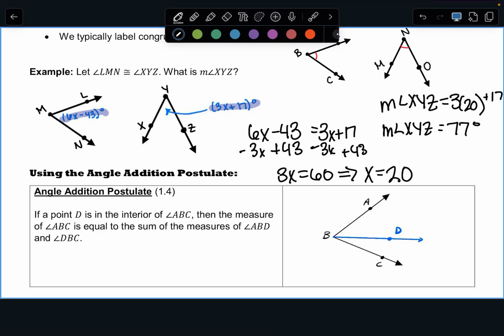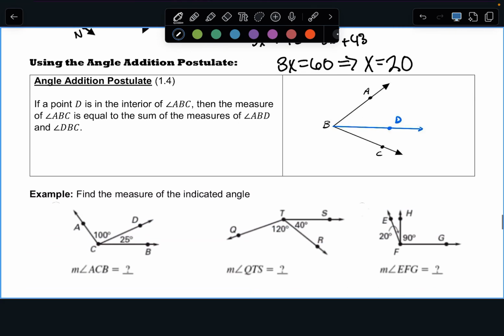Questions on that one? No, ma'am. Okay. One more postulate and then we're done. This one's pretty easy. Do we remember what happens if we wanted to find the length of this whole segment? What would we do? 5 plus 2, and we would get 7. Same thing works for angles.